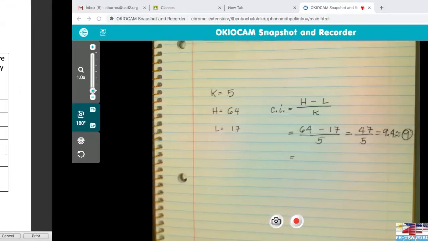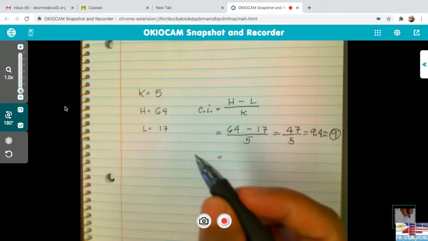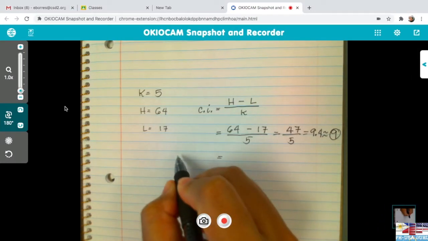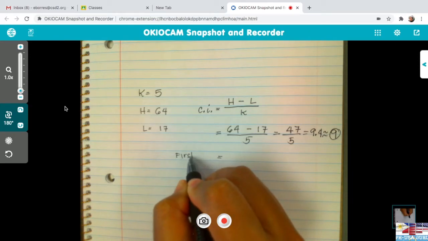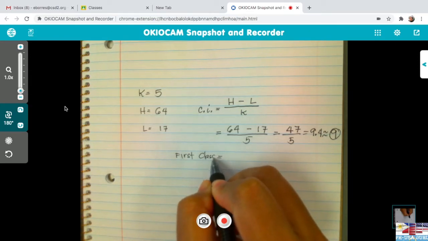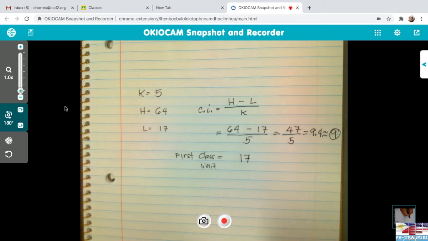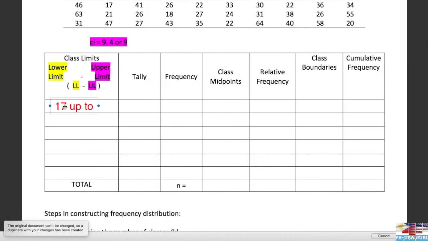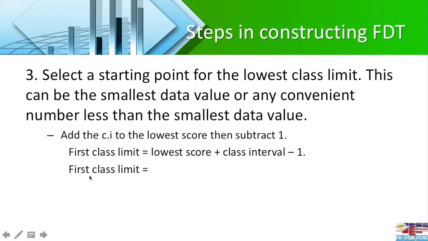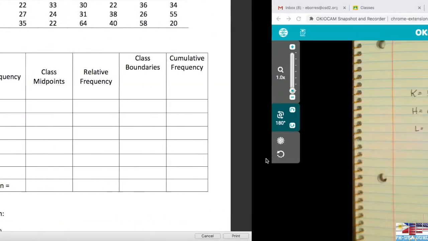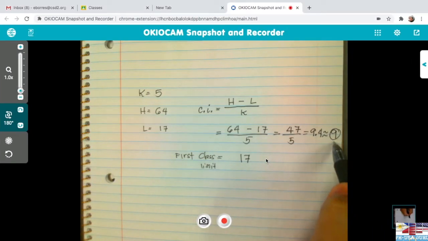So let me show you how to find the first class limit. Our starting point is the lowest age, which is 17. According to the rule or the formula, it says lowest score plus the class interval, and the class interval that we got is 9.